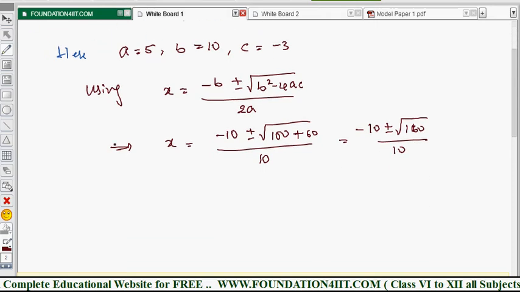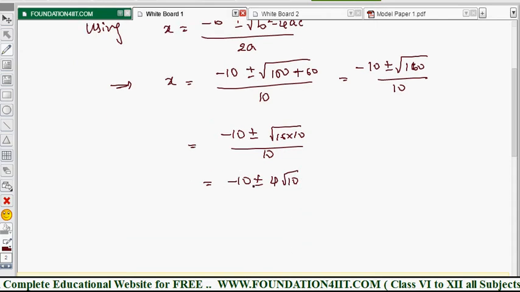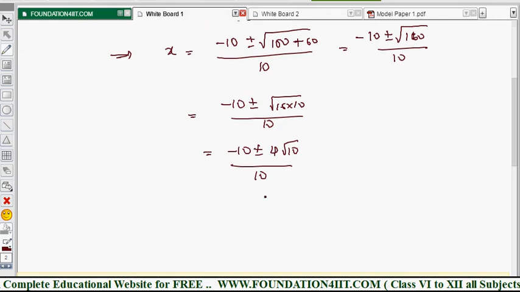We can simplify more up to two decimal places. So square root of 160 you can write as 4 into 16 into 10. Root 16 is 4, so that is minus 10 plus or minus 4 root 10 by 10 itself.